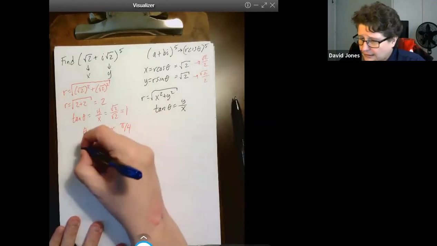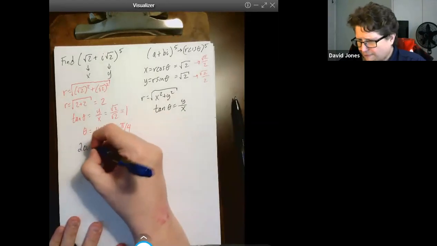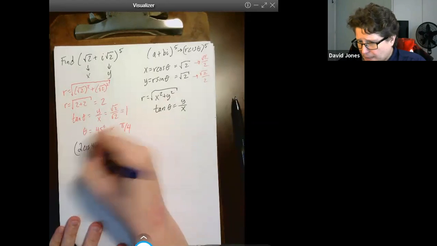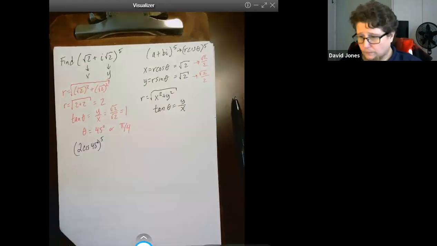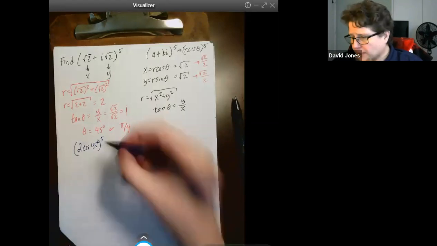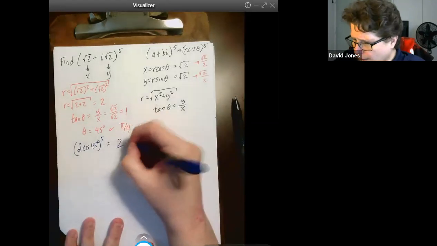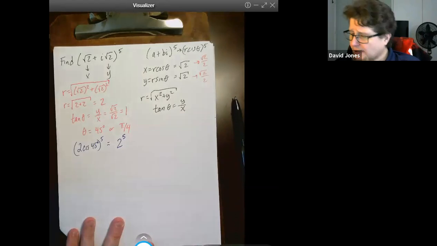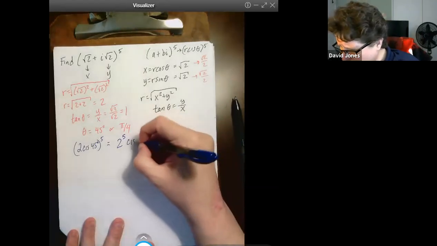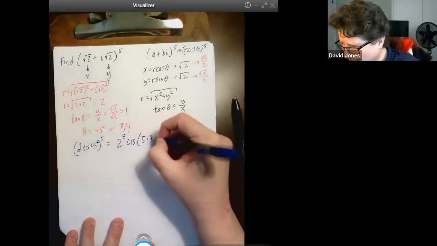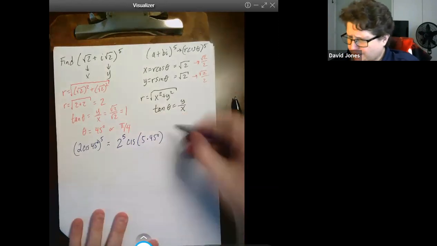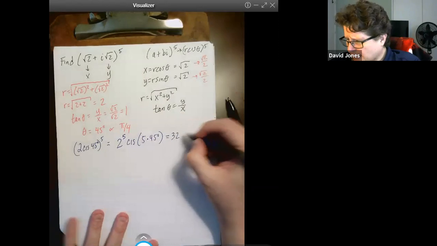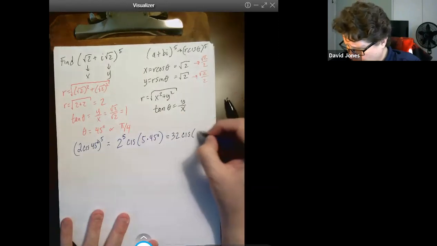I've got 2 cis 45 to the 5th power. The rules were we apply the exponent to the 2, and we treat that 5 as a multiplier times the 45 degrees. 2 to the 5th power is 32. This is cis of 225.